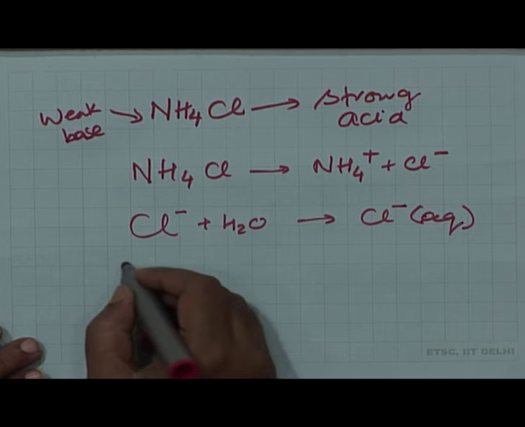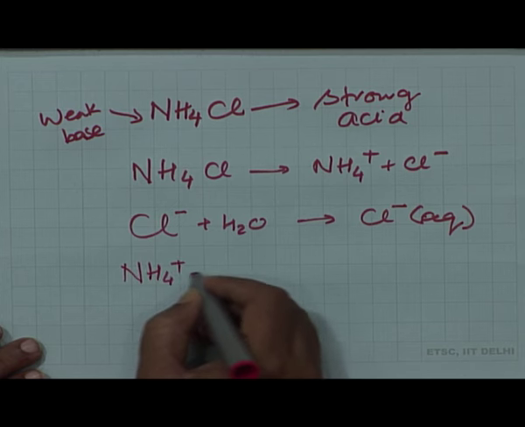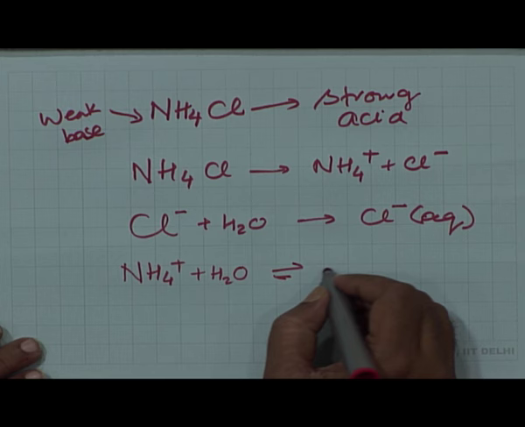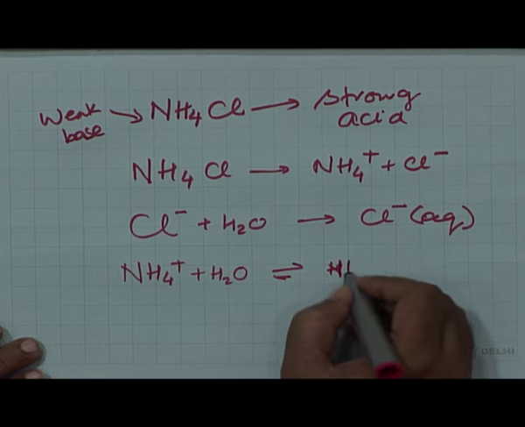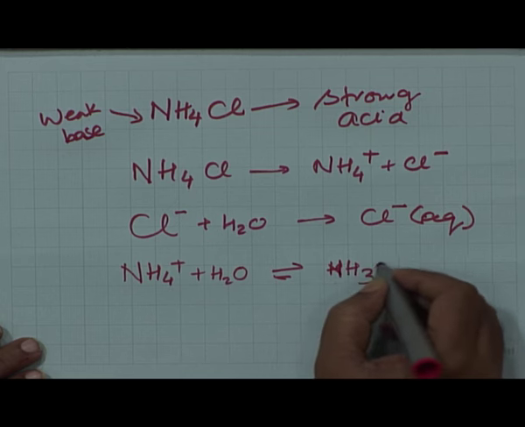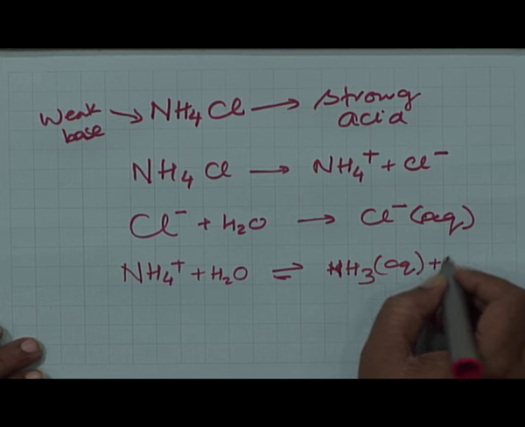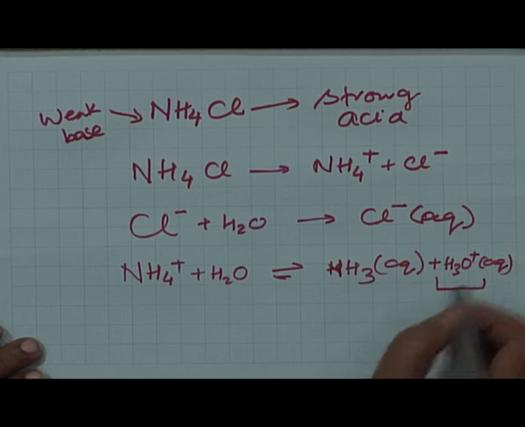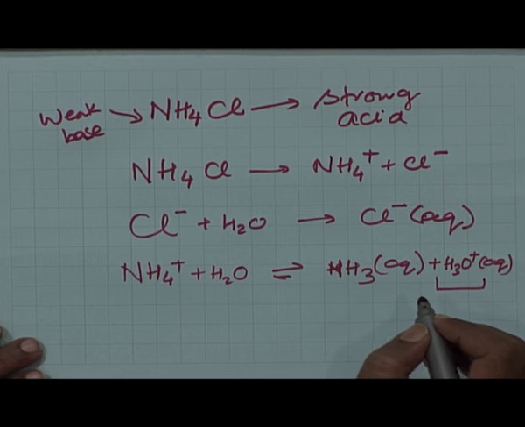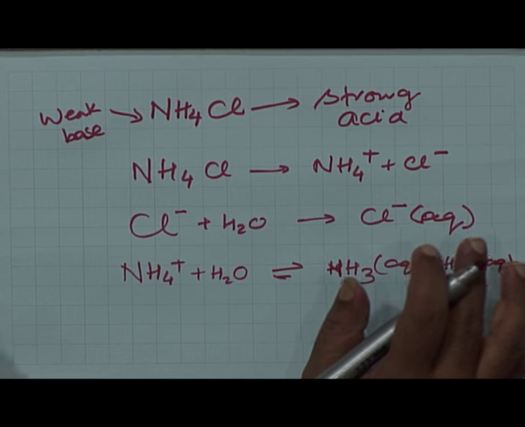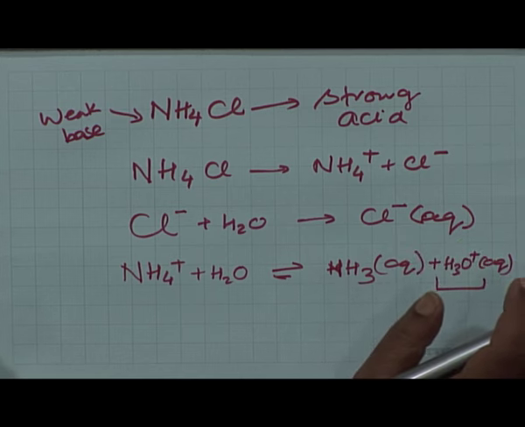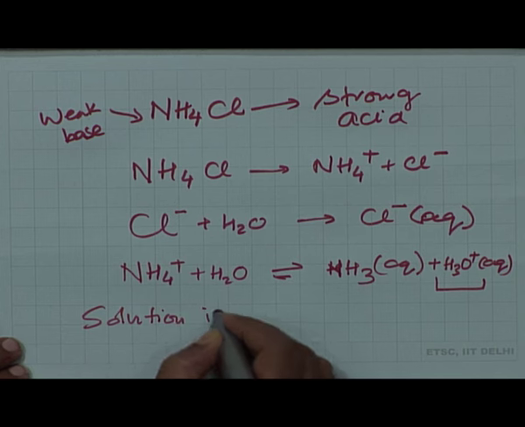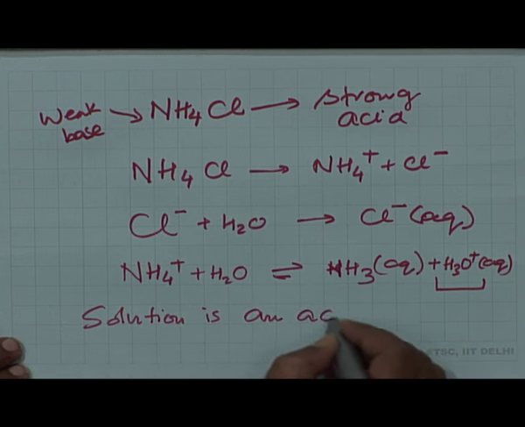Whereas NH4 plus reacting with water will give you NH3 aqueous plus H3O plus. Now, you see this is basically H plus ion, and so in the solution H plus ion is in excess, and so the solution is an acidic solution.